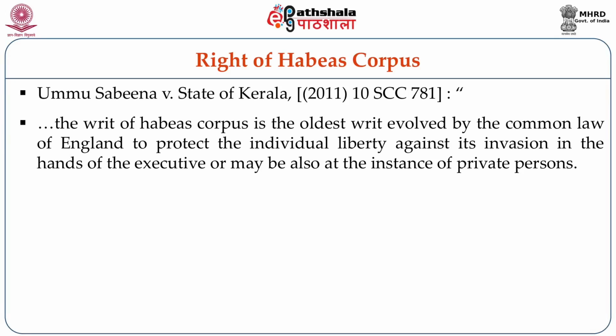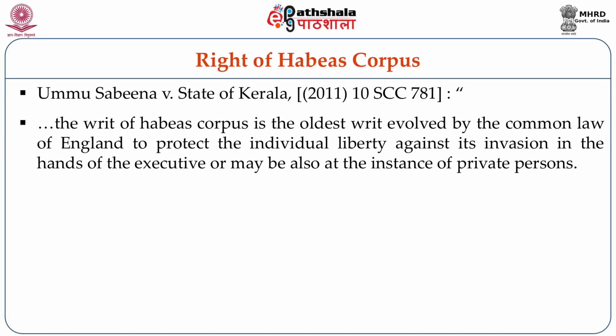The Ummu Sabina case relates to detainees under preventive detention. These petitioners claimed that their detention was in violation of the fundamental rights, namely Article 22, Clause 5. The Supreme Court, on hearing their case, released all the 4 detainees.